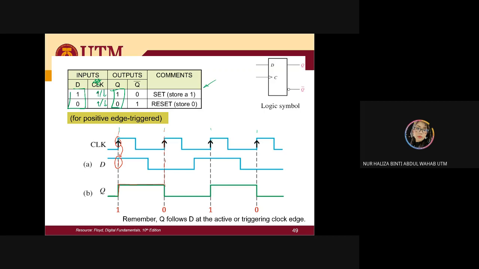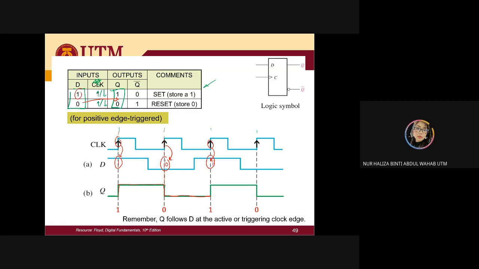So at this line, you have the D. You need to refer to your input. D is 0, so you're going to follow, because 0 will be 0. Follow until you meet the next positive clock. For this line, your D is 1.